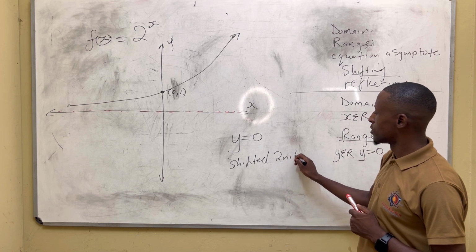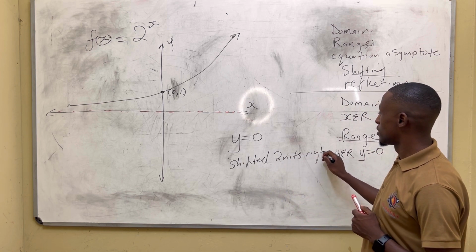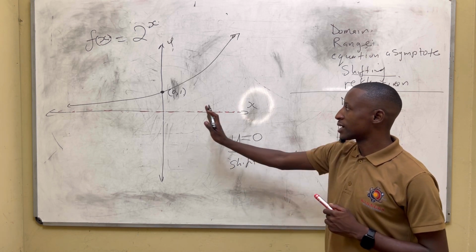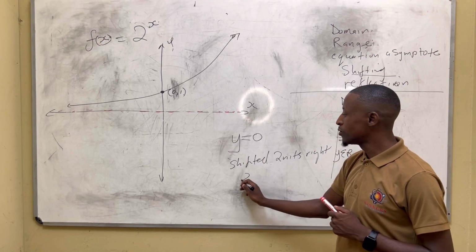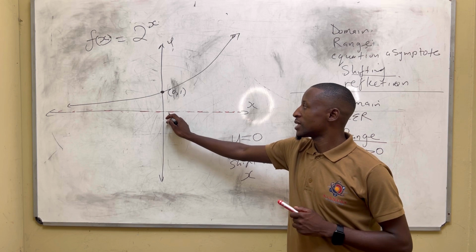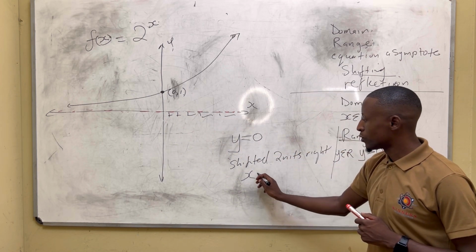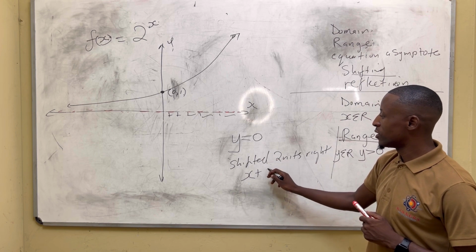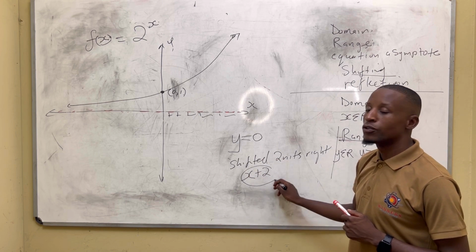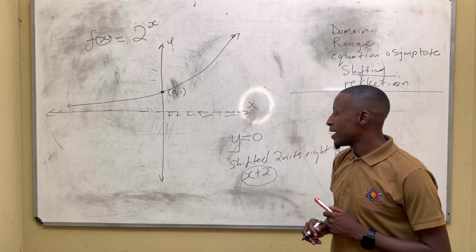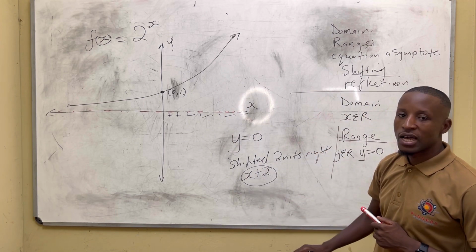If they have shifted the graph 2 units to the right, it affects the x values. To the right, what sign do you find this side? To the right, you find positive. So you're going to write a positive and the value that it shifted with, 2 units. You take this and substitute wherever there is x, because x values are affected.